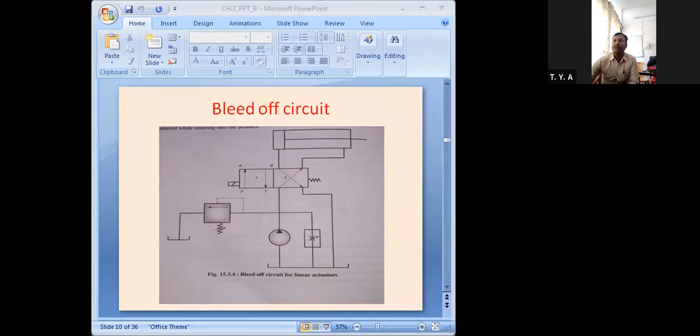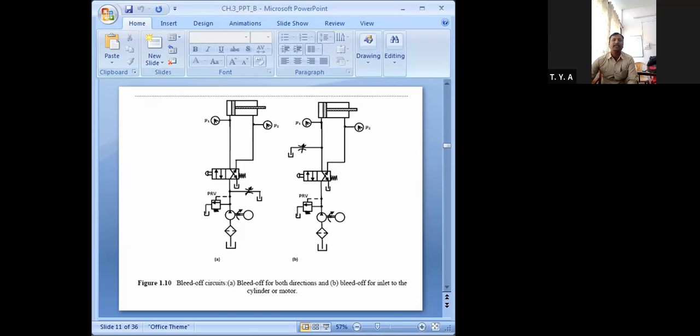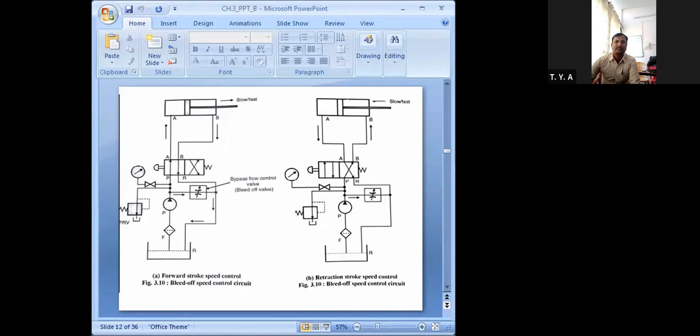Again, for this also I will show a small video. You can see this is a two diagram I have taken. One, first, is the bleed off circuit for both directions. Okay, and this second one is the bleed off circuit for the inlet to the cylinder or the motor. It's a forward stroke.